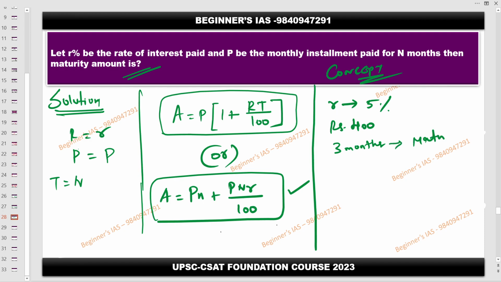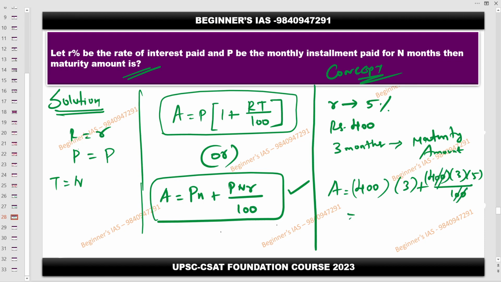Then the maturity amount A is equal to 400 monthly installment, N is equal to 3. Here 400, here N is equal to 3, R is equal to 5 by 100. Clear? How to proceed with this problem?